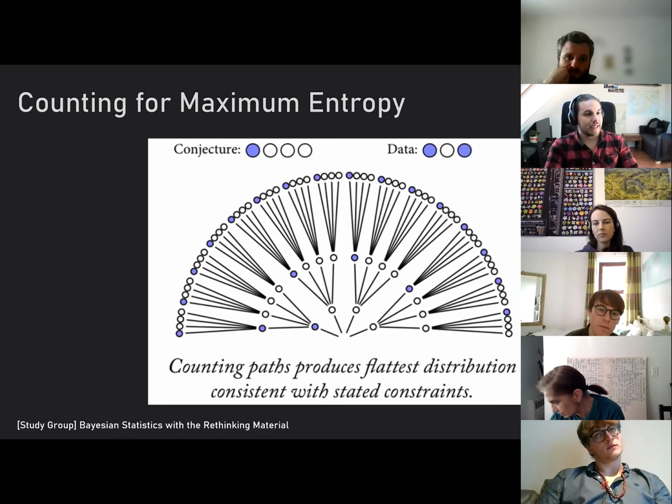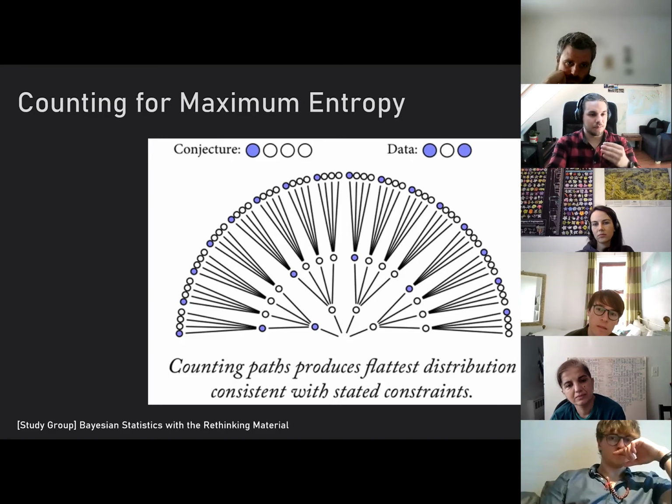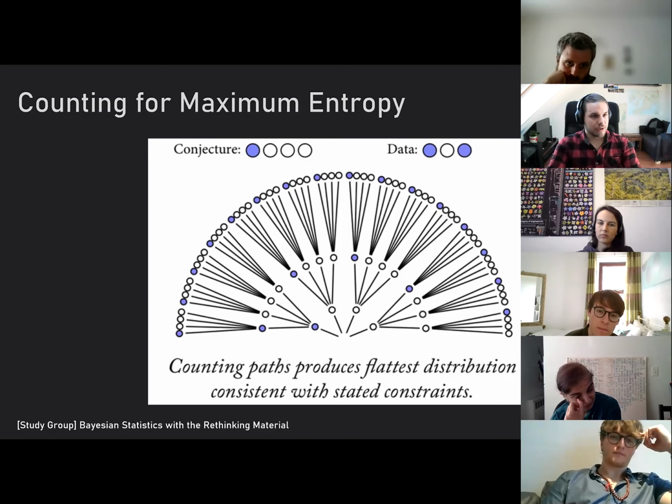If we now tally up all of the different draws with which we get to our outcome, 2 blue marbles, 1 white marble, given the constraint of our data looking like what you can see up there, so 1/4 blue marble, 3/4 white marble, what we end up with is the flattest possible distribution by having counted all of the ways for this conjecture.